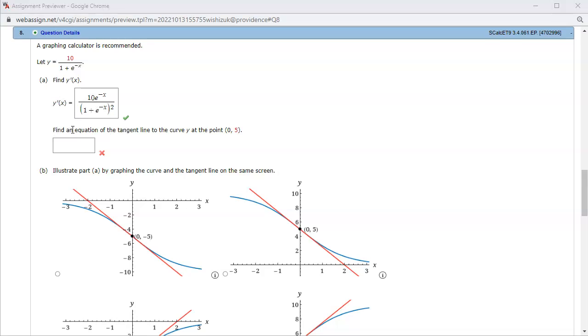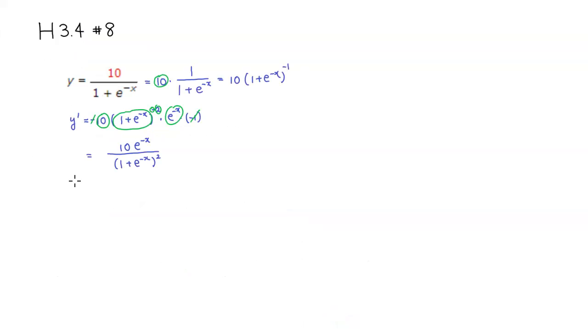Now let's find an equation of the tangent line to the curve at (0, 5). Since (0, 5) is the y-intercept, we already know b is 5. So we just need to find the slope.